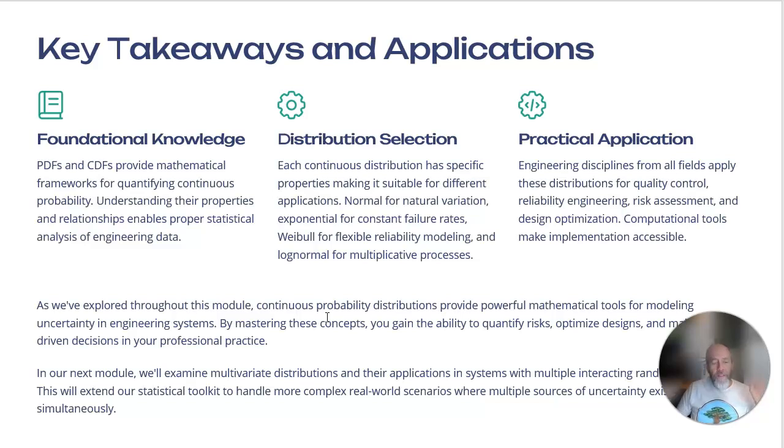So I'm hoping that I didn't confuse you, that you do understand continuous and discrete distributions, how to select them, how to model them, how to plot them, how to look at data against them, because it all boils down to collecting the data, looking at the data, and fitting the data to the distribution that fits it best, looking at the differences between discrete and continuous types of data and fitting those distributions, and then using those distributions to be able to do predictions.